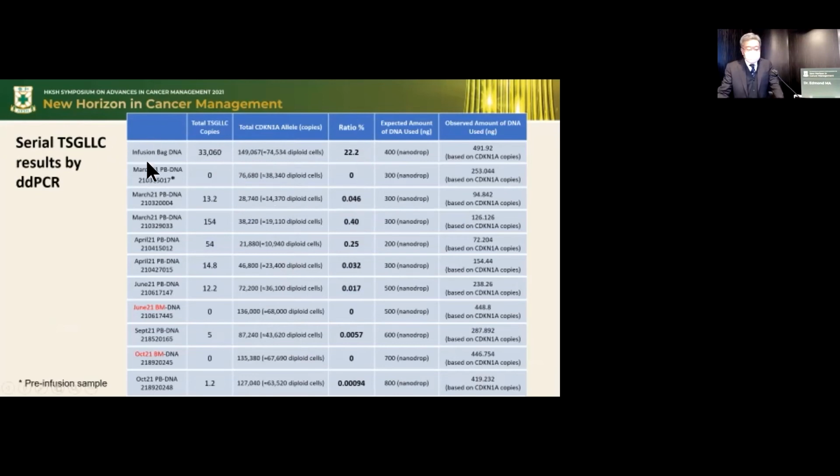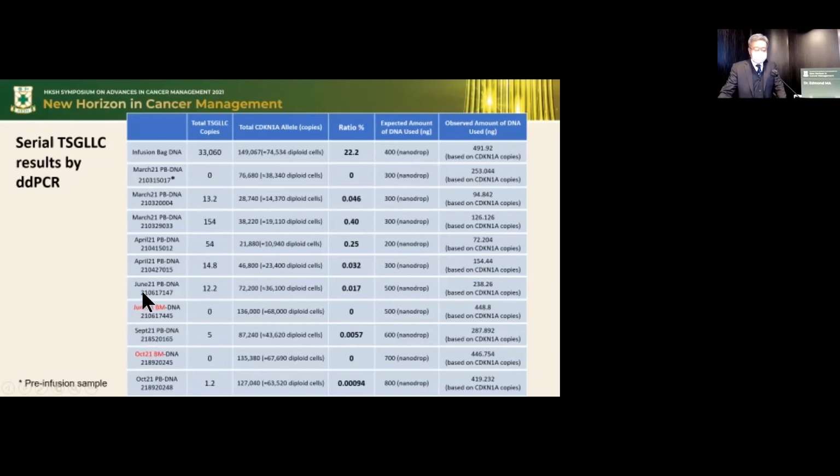The infusion bag contains numerous CAR T cells, and before infusion, none in the patient. But after infusion, you can see that the CAR T cells reach a peak at 154 copies at day 4. Note that the date of infusion is 18th of March. And then it slowly drops off.